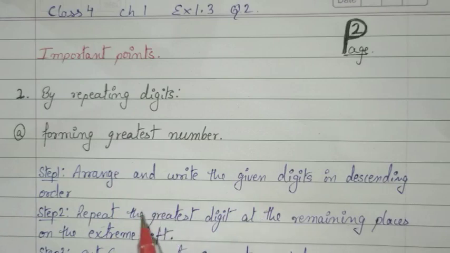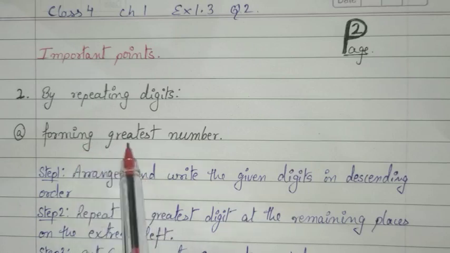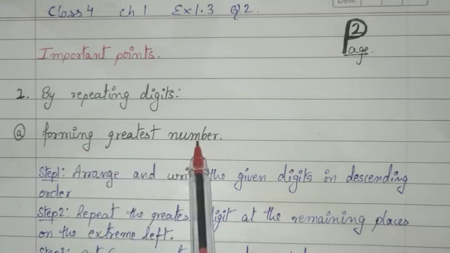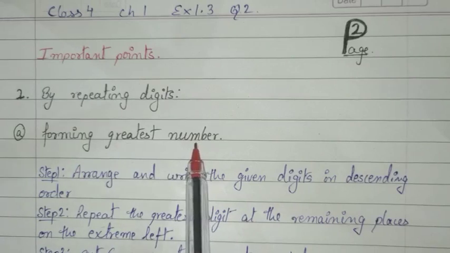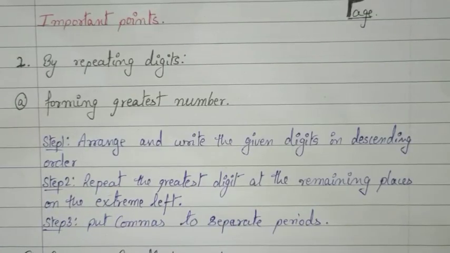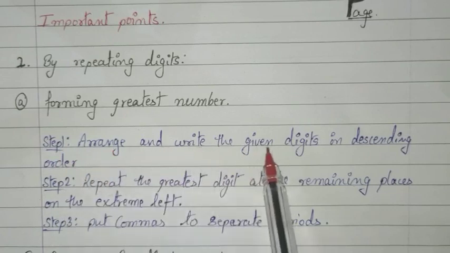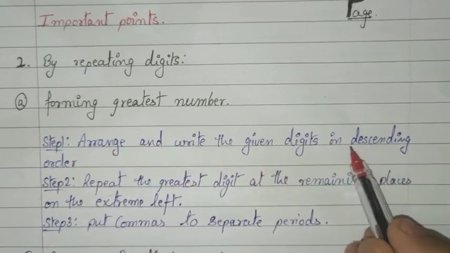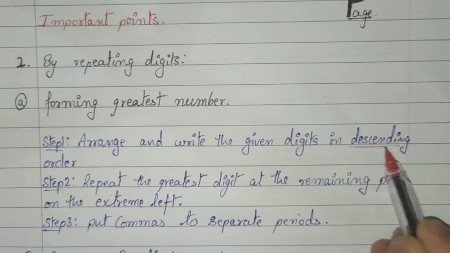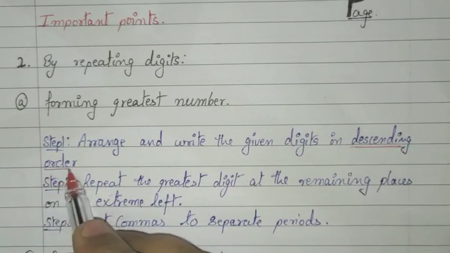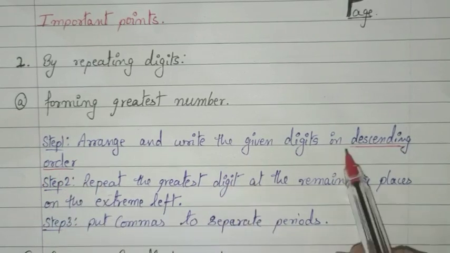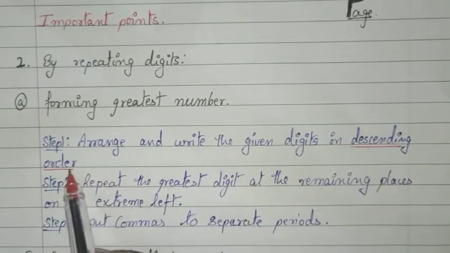We have to form the greatest number. To form the greatest number, we have 3 steps. Step 1, arrange and write the given digits in descending order. Same as the previous one, you have to arrange the digits in descending order.